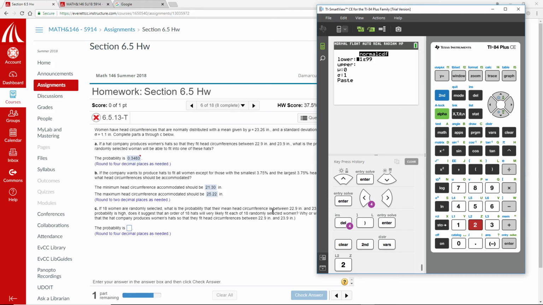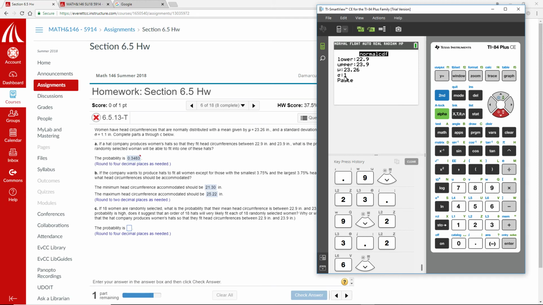So now in this problem, let's go with 22.9. Was that clear, Stephanie? The mean is 23.26. And this time, no problem.